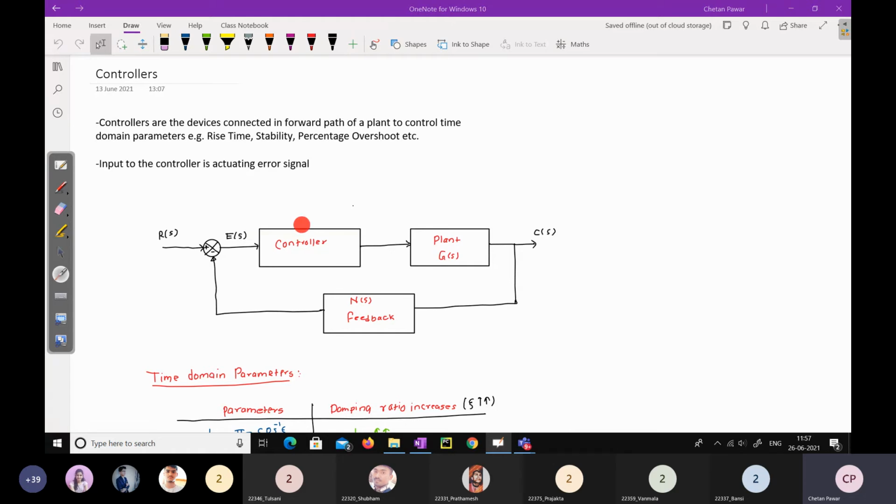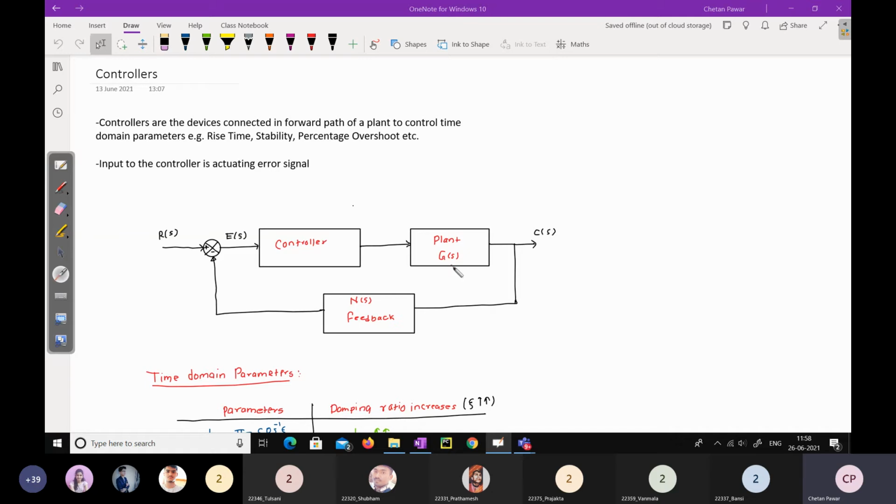With the help of the controller, I will improve the time domain parameters of the system. What are the time domain parameters? Rise time, peak time, and settling time. How much time it takes to settle to the steady state, or within how much time the air conditioner will reach 25 degrees Celsius.